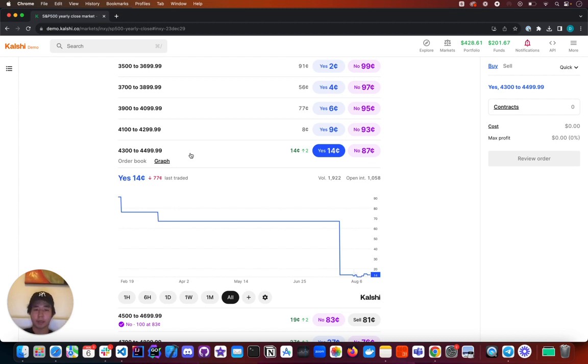So all correct contracts on Kalshi at market settlement turn into $1, thus symbolizing the probability of being correct is 100%. So that's why the prices on Kalshi represent probability, because at market settlement, every correct contract turns into $1. And right now, obviously, the market's still going on. It's not the end of 2023 yet. So our yes is at 14 cents and our no is at 87 cents, and those are representing probability.